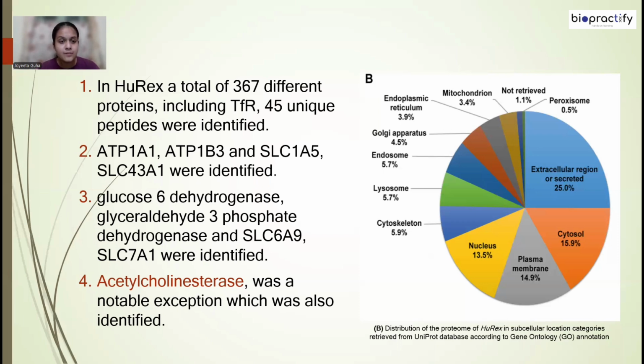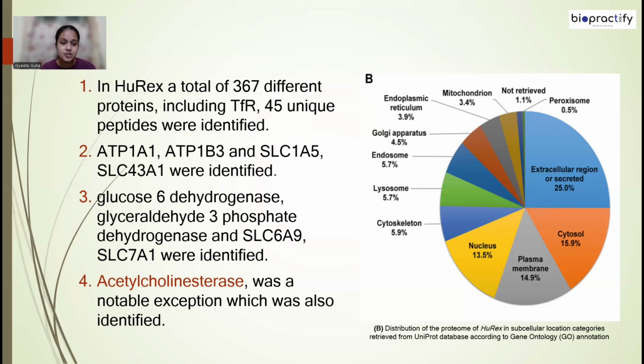So we can say that several Na+/K+ transporters and several neutral amino acid transporters were identified through the proteomic analysis, and these were present in the exosomes. These were removed from the reticulocytes when they were maturing into erythrocytes.